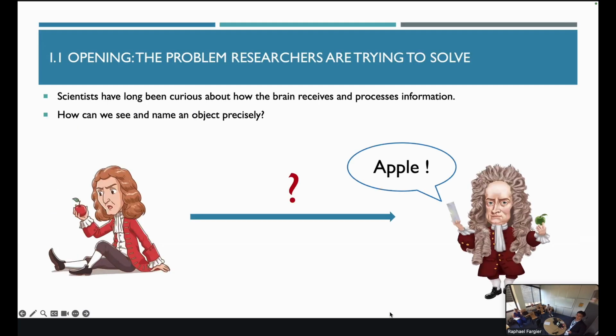For many years, scientists have been curious about how the brain perceives and processes information. They focus on the question: how can we see and name an object precisely?